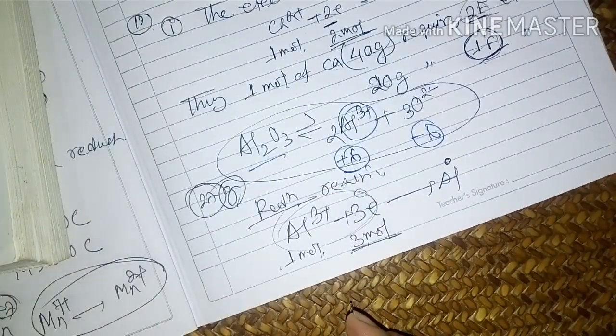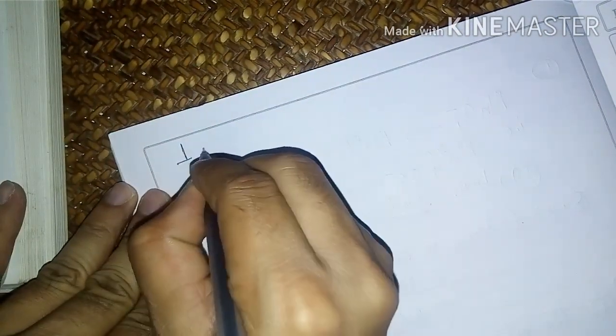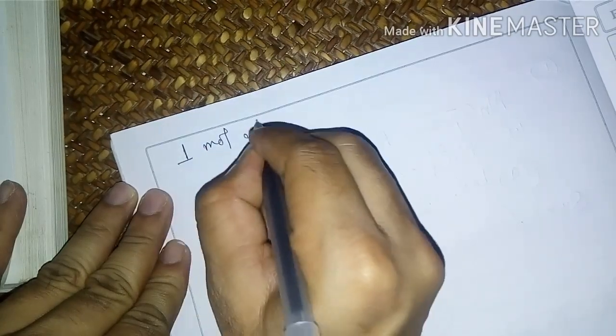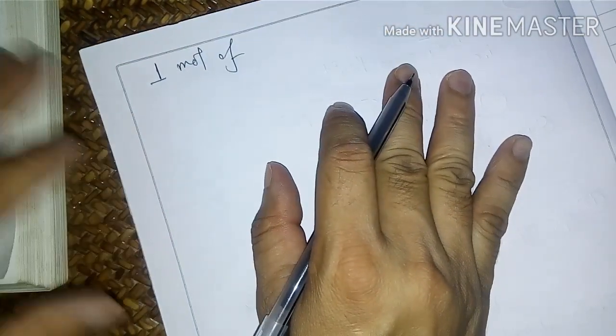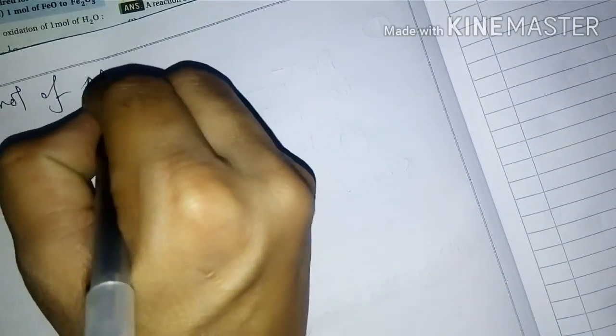So you can write: 1 mole of aluminum, that means 27 gram, requires 3 Faraday electricity.